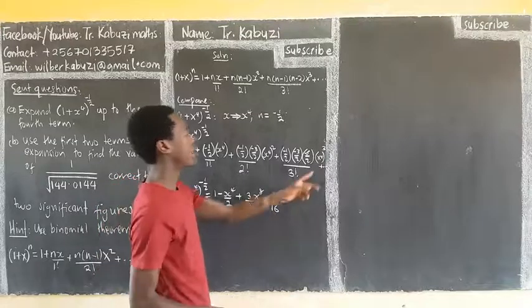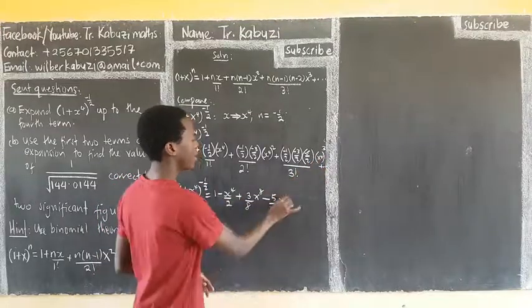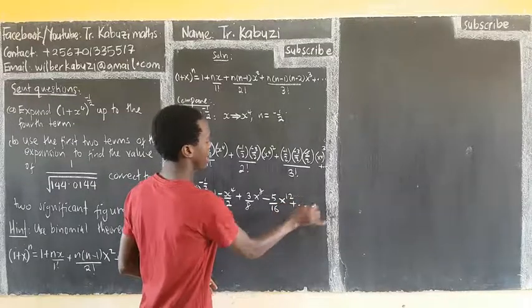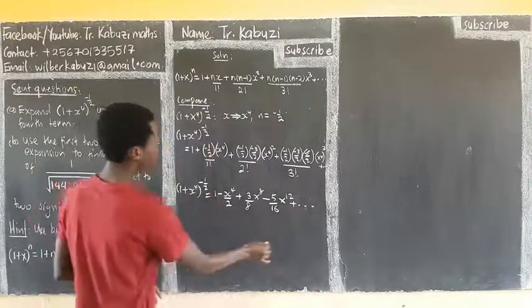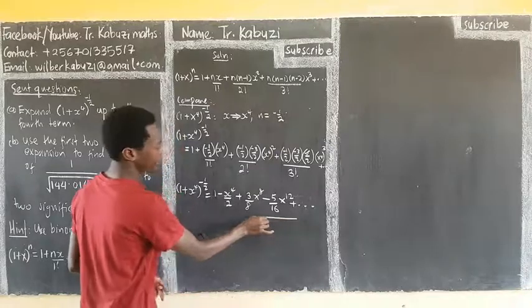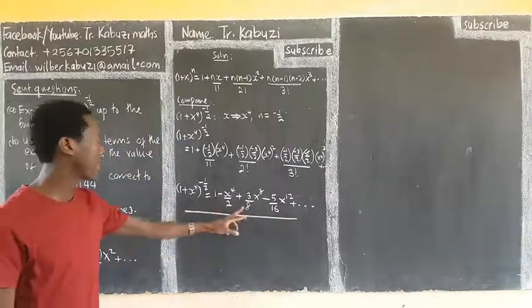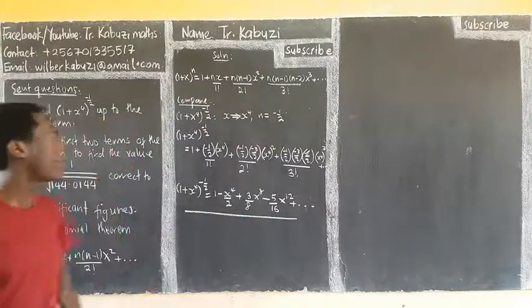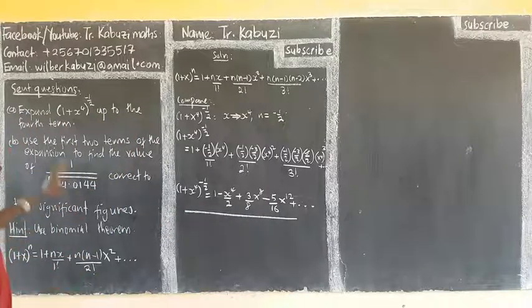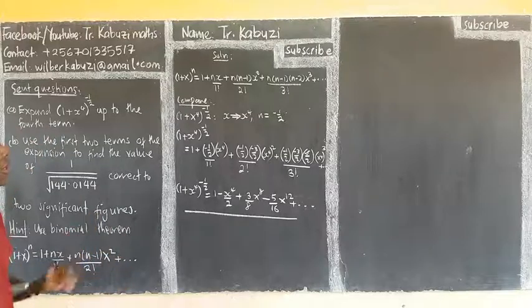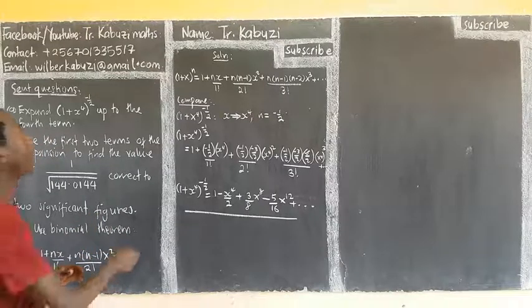Then x, when I multiply these two powers, to the power 12, plus other terms coming. So I have expanded this up to the first 4 terms, the first, second, third and fourth. That's what we had to do in part A.